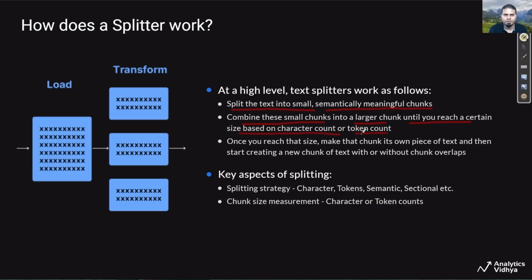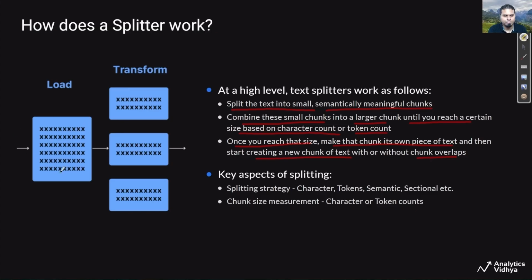As we have seen in the previous video on document loaders, with some of the more complex document loaders we could also do the chunking, where we could define that every chunk be 3000 characters in length. Once you reach that size, make that chunk its own piece of text, and then again start creating a new chunk of text with or without chunk overlaps. We will talk about some of these concepts when we get into the hands-on also.